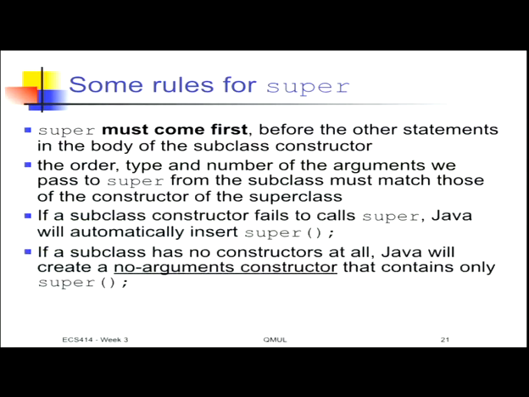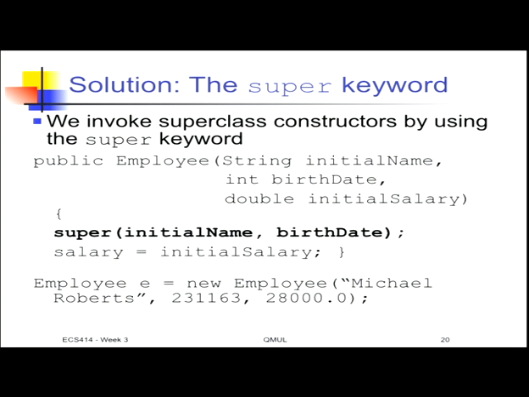One important thing is that super, when it's used in this setting to call the constructor in the superclass, has to come first. So when you write the constructor in the subclass, you see super is the first statement inside the constructor.